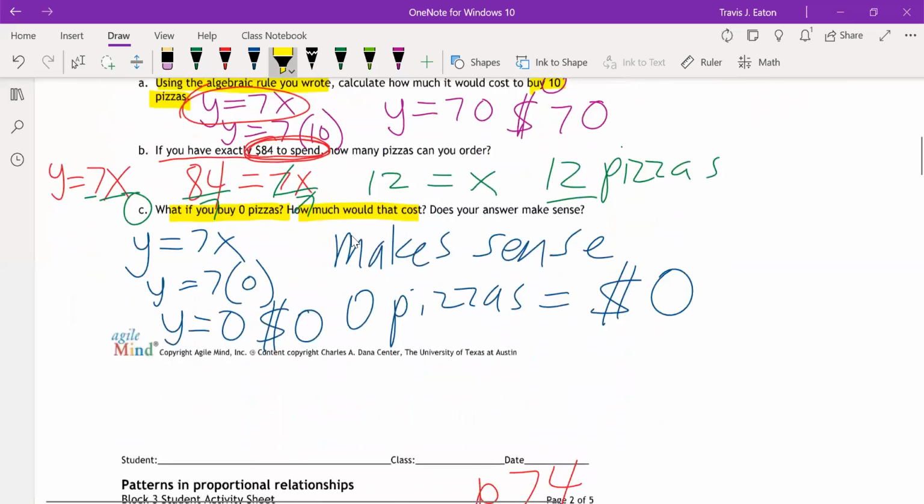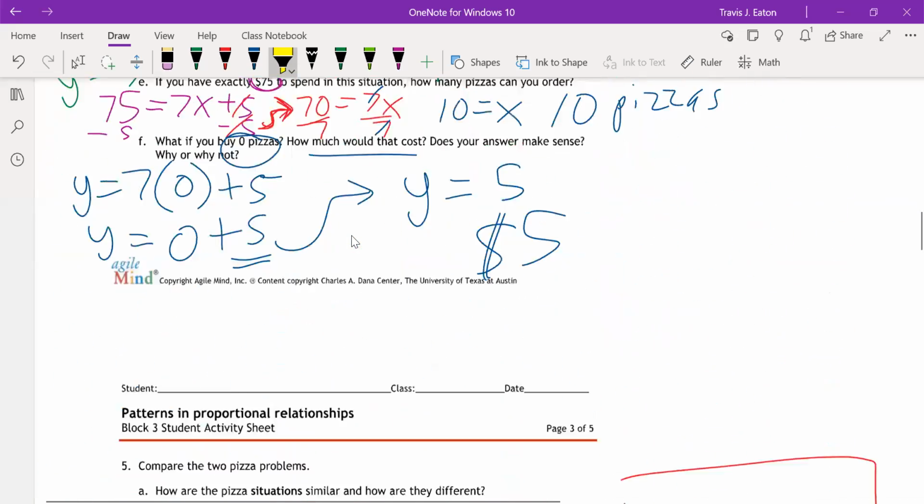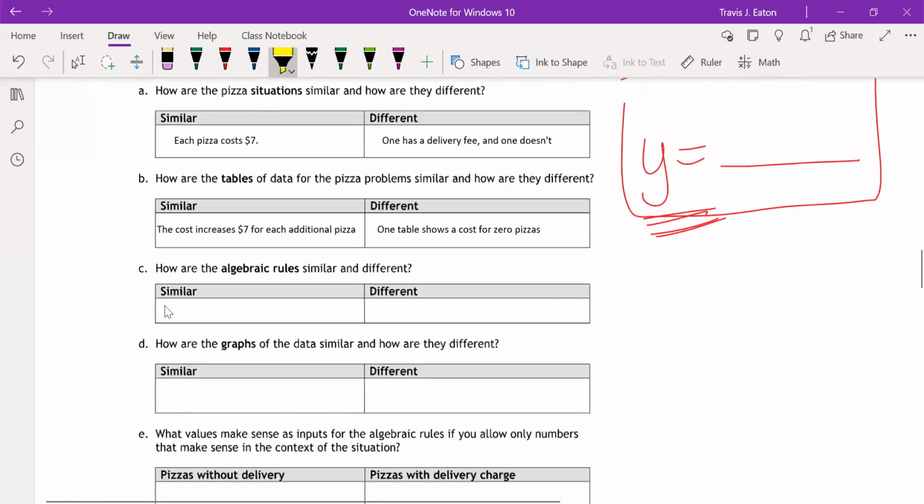So how are they similar? I would say that they each have a 7x. Nope, don't need 2 eaches. All right. But how are they different?